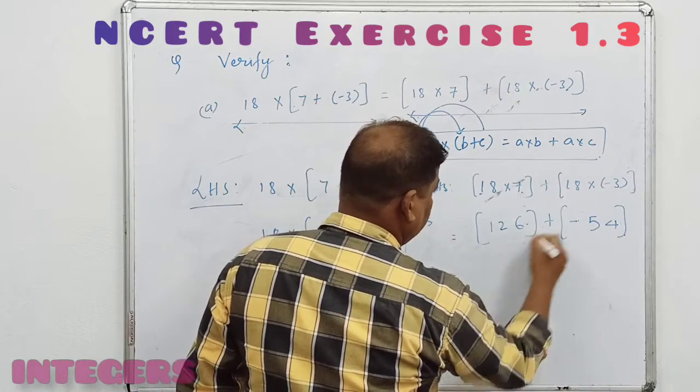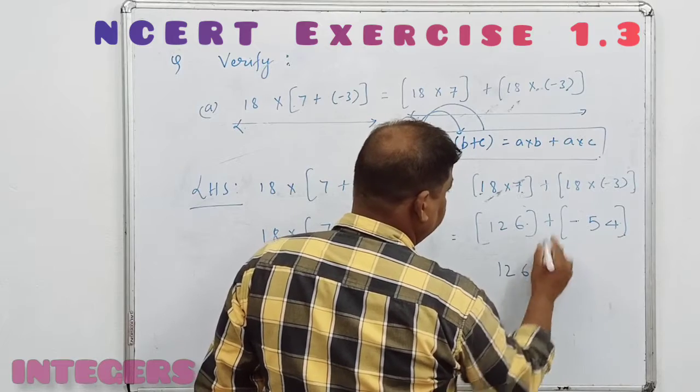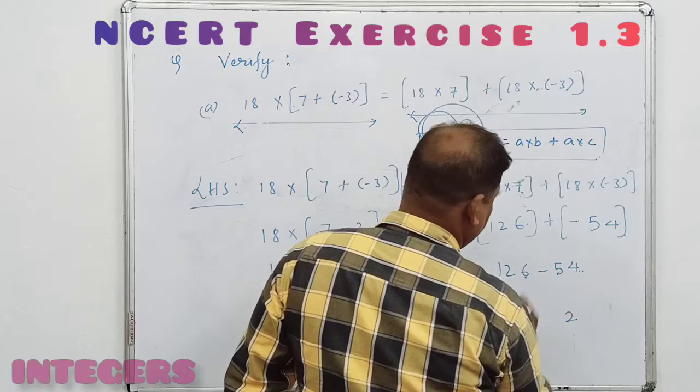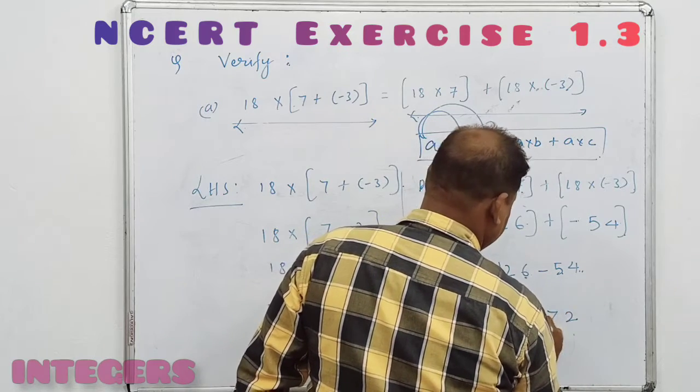So you have to subtract: 126 plus minus 54. 6 minus 4 is 2, 2 minus 5 borrow, that is 7, that gives 72.